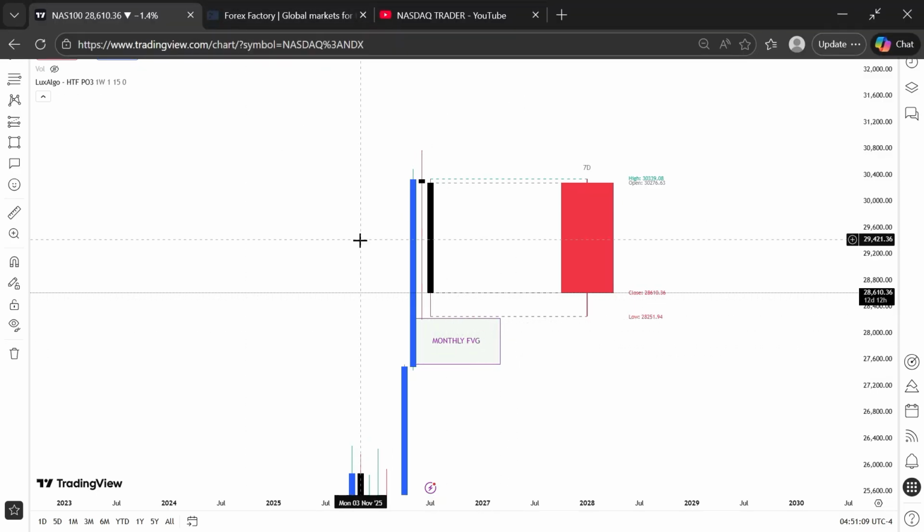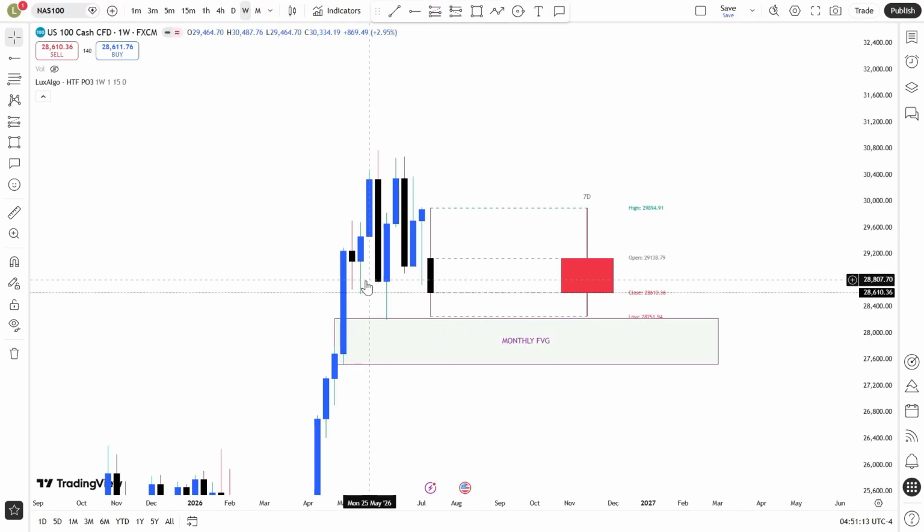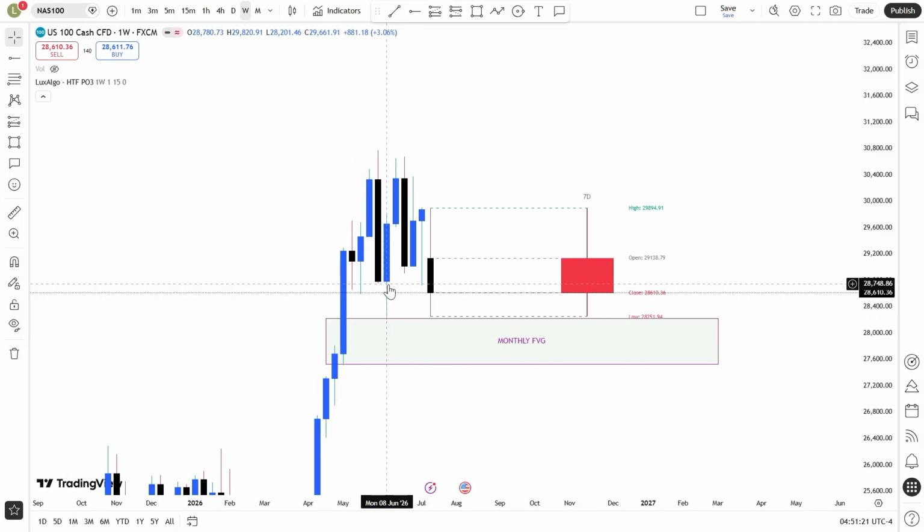If we dive onto the weekly, we can see price is almost tapping into the monthly fair value gap. If I expand this a little bit, you can see that the price is coming into the monthly fair value gap. So as this week comes into play, what am I looking at?